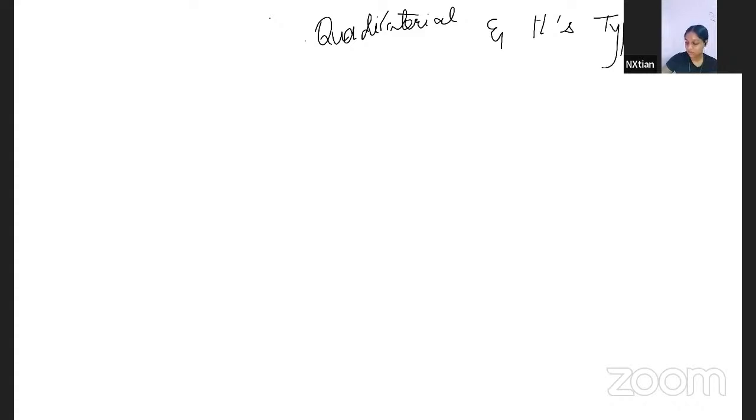So, a quadrilateral. Okay, let's make a quadrilateral and we will see.